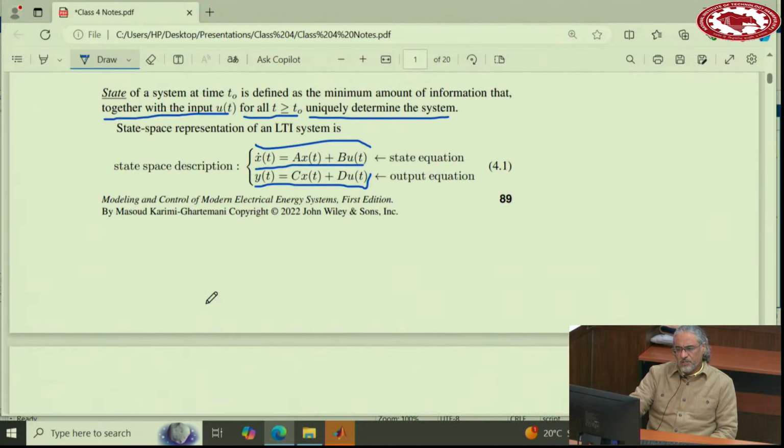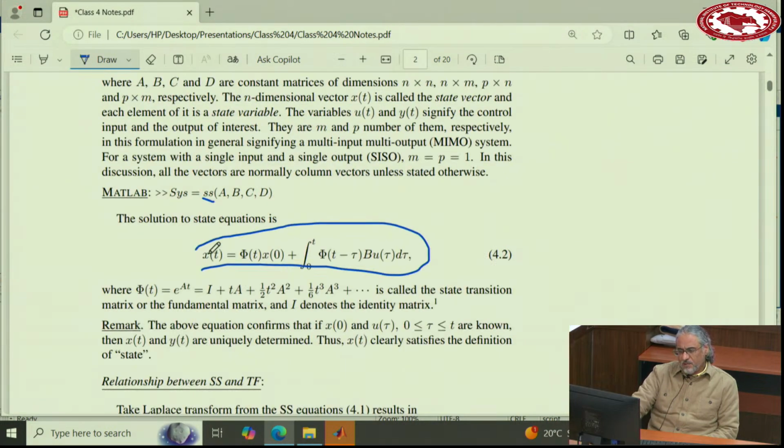And here in general, A, B, C, and D are matrices, in which phi is called the fundamental matrix or state transition matrix. Now, if you look at this equation, this shows the solution of this system. The integral is from 0 to t and depends on the input u, and all the information before t equals 0 is stored in this x0.